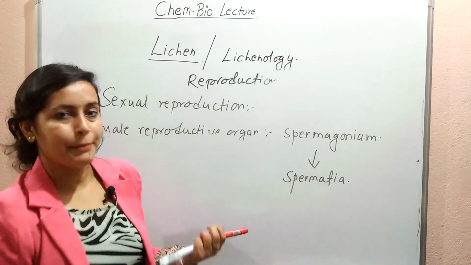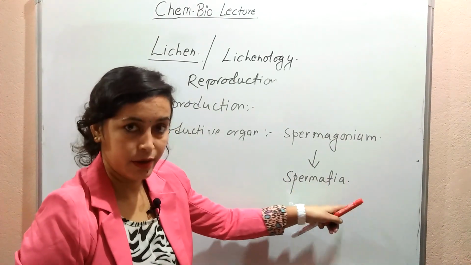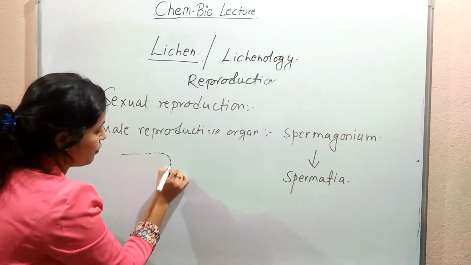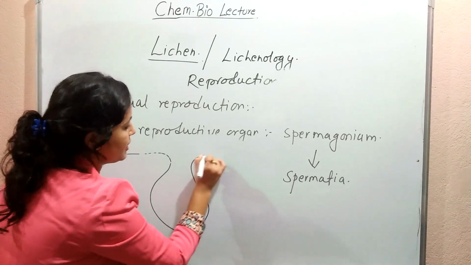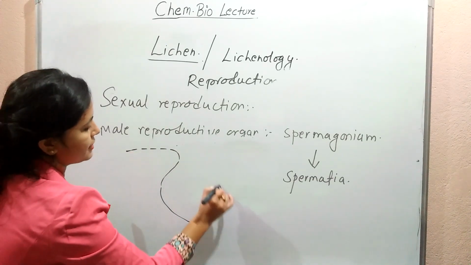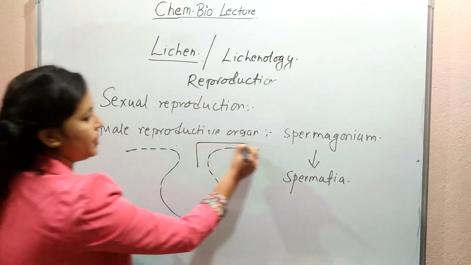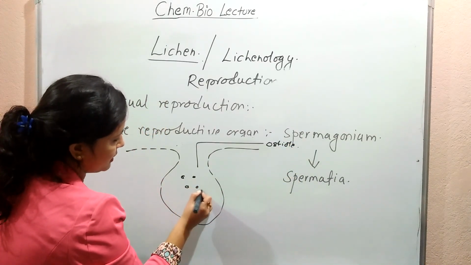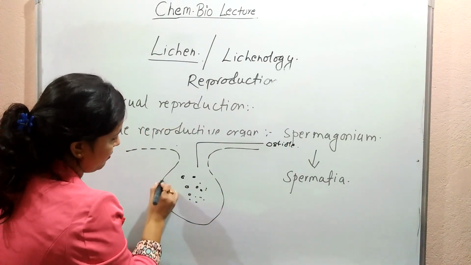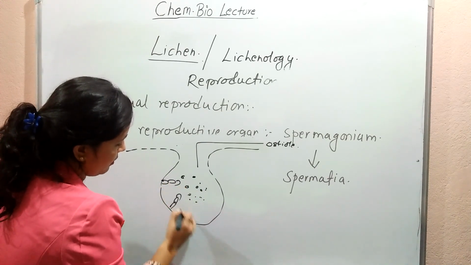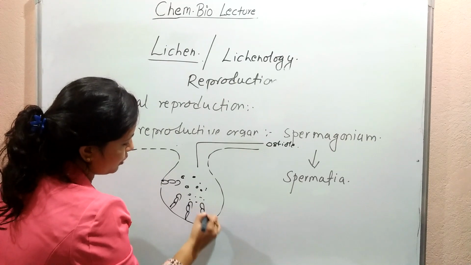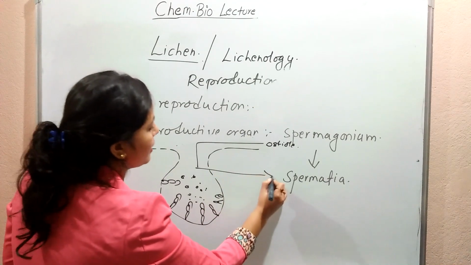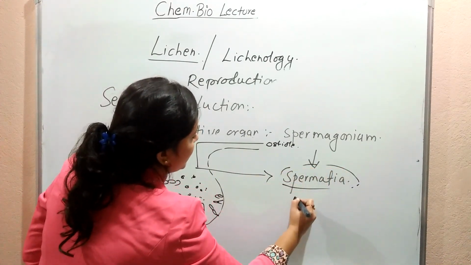The male reproductive cells are the spermatia. The spermagonium is a flask-shaped structure with an opening at the top, which we call the ostiole, from which the minute spermatia are released. Minute spermatia are formed in those flask-shaped structures. These spermatia are the male cells.